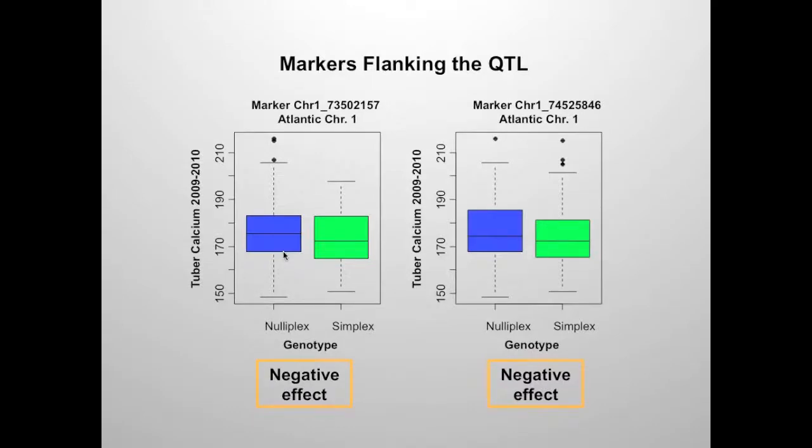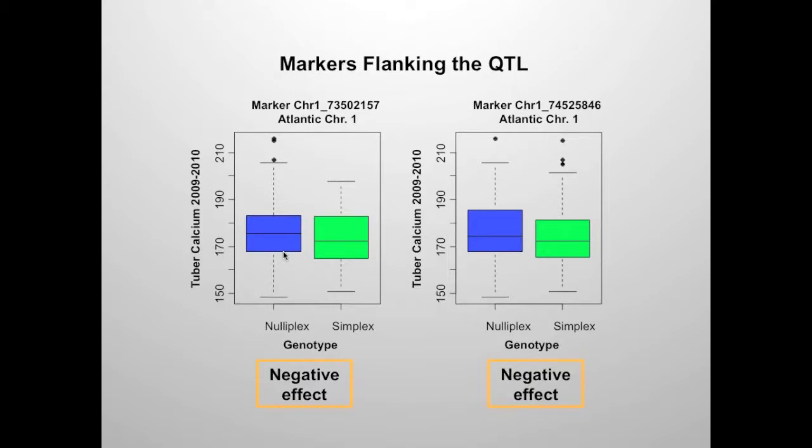And I plotted the phenotypic data using those markers. And we see that there is a difference in the mean values of tuber calcium in this case. However, it's not that clear or that sharp a difference, but there is a difference. And also we know that these are quantitative traits, so there are many genes that control these traits.